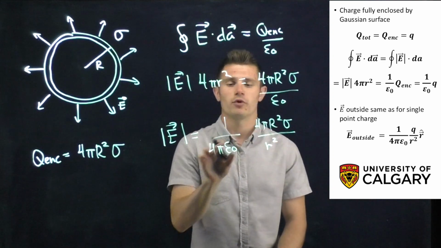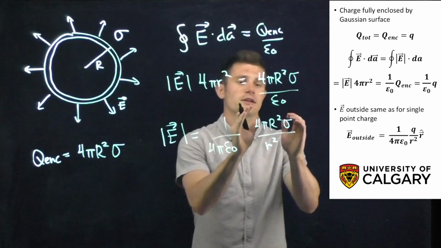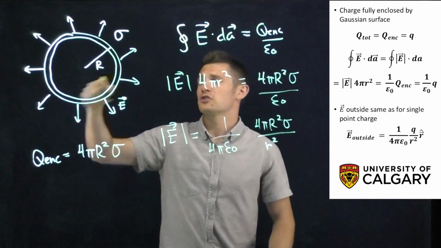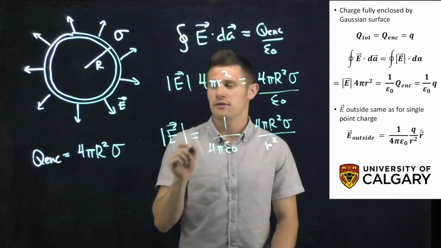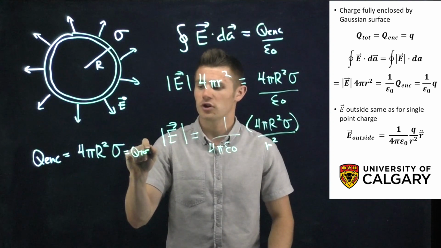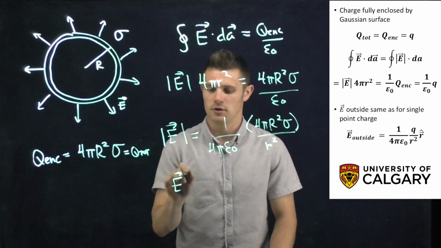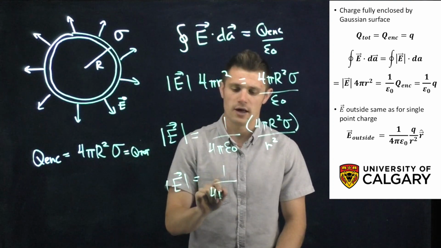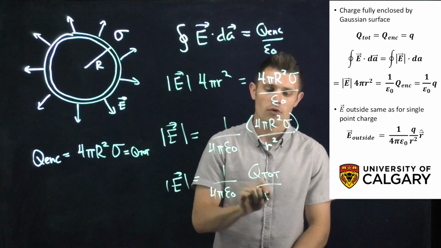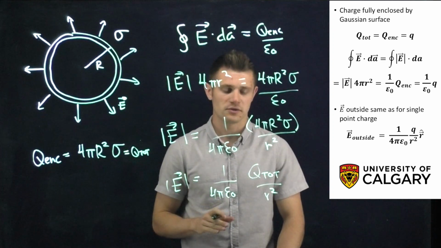Notice how I haven't canceled the 4 pi's and I haven't gotten rid of our enclosed charge, and that's on purpose, because if we recognize that this 4 pi r squared sigma term is in fact the entire charge of this hollow sphere, this makes the electric field equal to 1 over 4 pi epsilon naught times q total over r squared, where q total is the total charge of the hollow sphere.